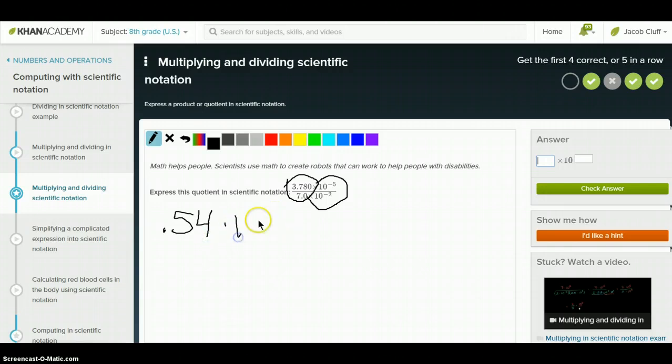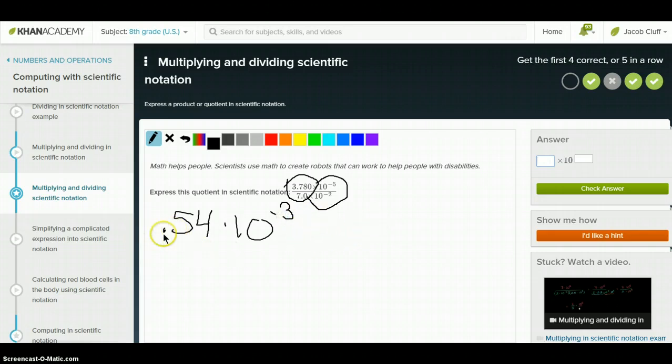And then we have 10 to the negative 5th over 10 to the negative 2. So we're going to subtract the exponents. So negative 5 minus negative 2 is the same as negative 5 plus 2. And negative 5 plus 2 is negative 3.